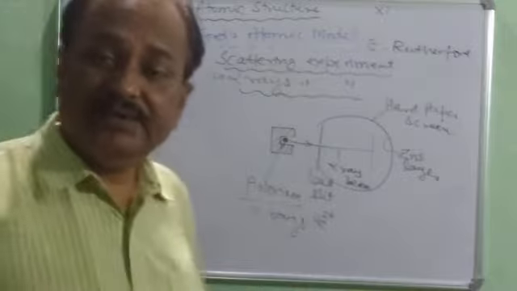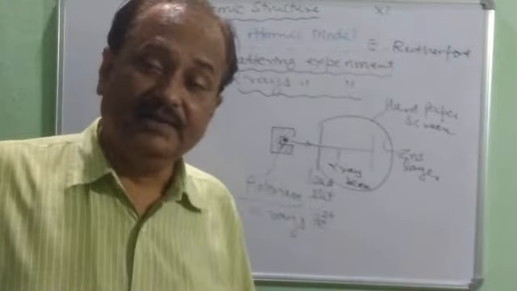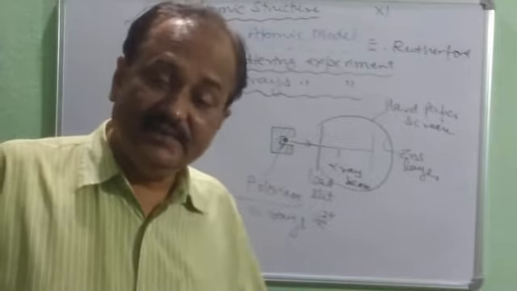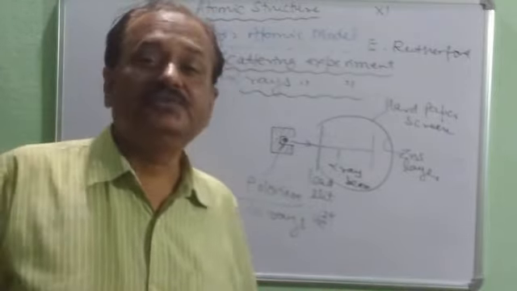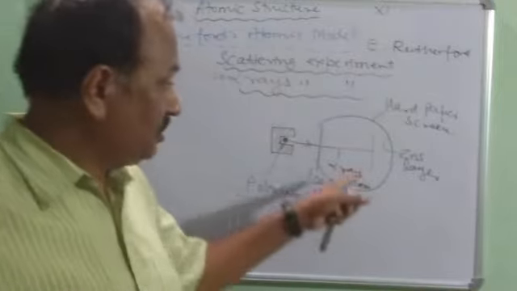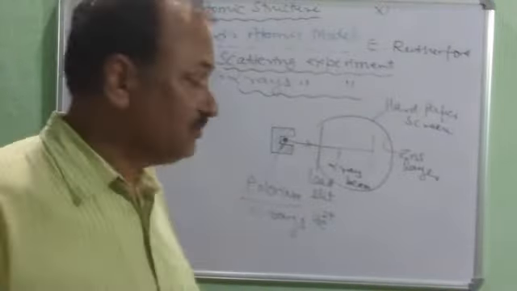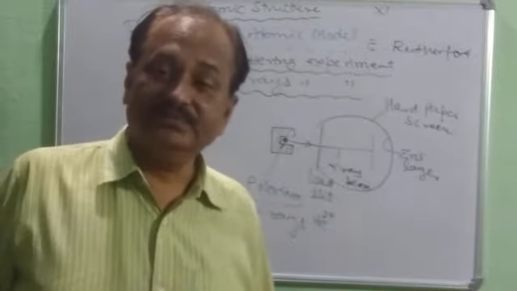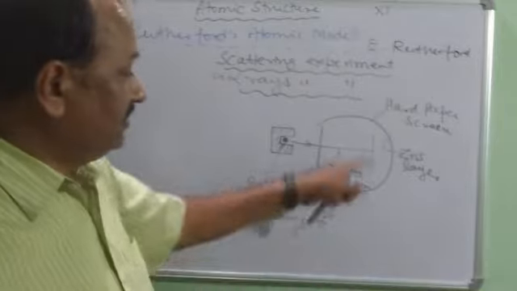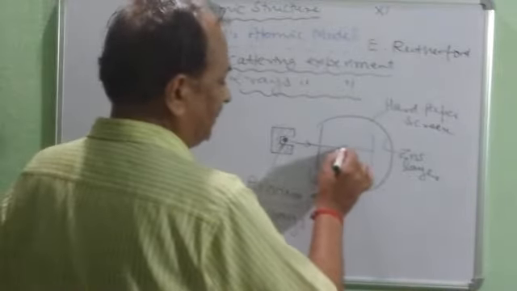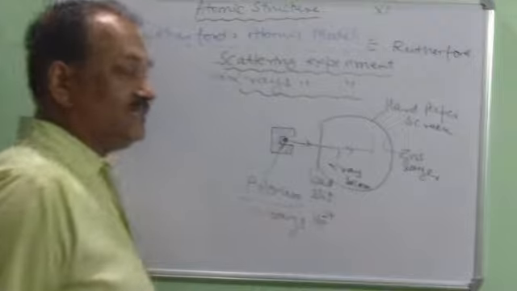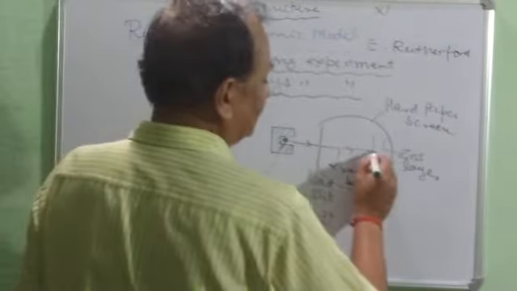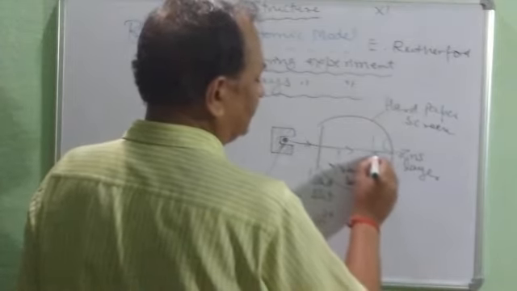Now, when any particle strikes some material, it undergoes distribution. It is scattered because of the presence of particles. It was established that everything is made up of atoms and molecules. So there was the fine beam of alpha rays, and the atoms were inside the gold foil, and as a result there was scattering of the alpha rays.